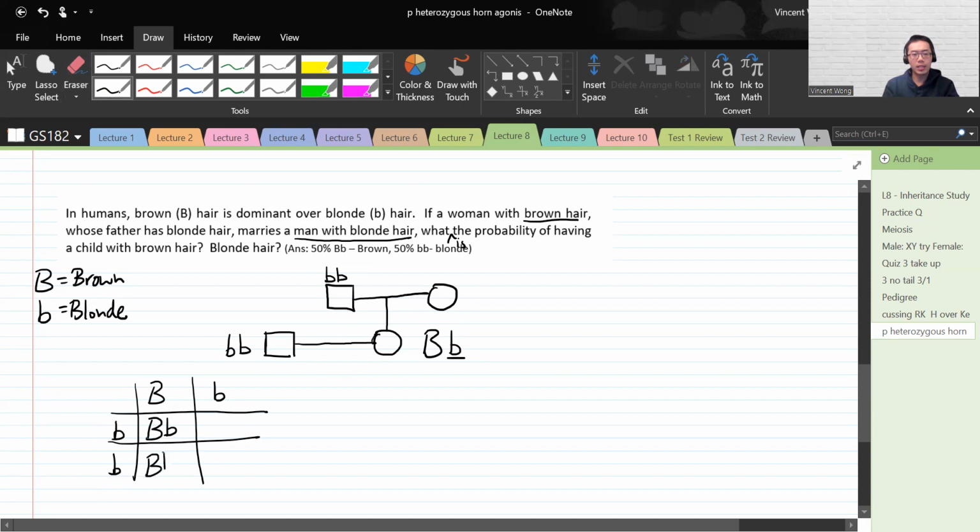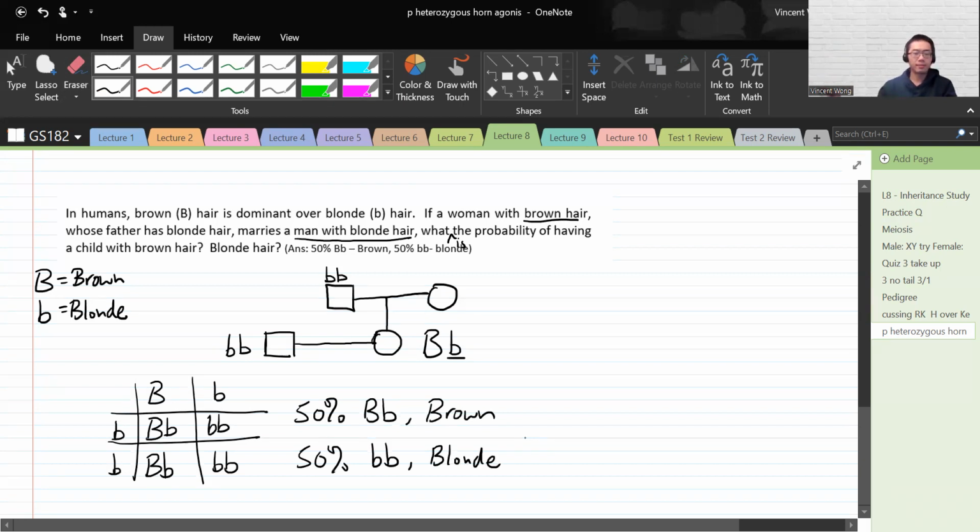Same situation here. And then small b, small b, small b, small b. So it's going to be 50% big B, small b, 50% small b, small b. Okay, so in this case, this is going to be brown hair. This is going to be blonde hair, right? 50%, 50%.